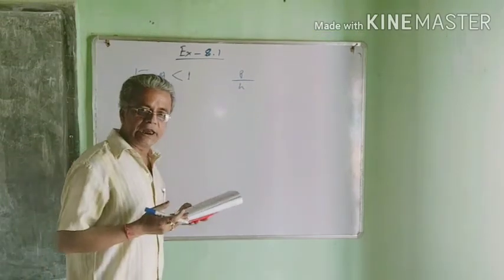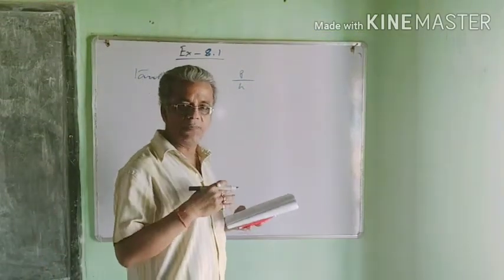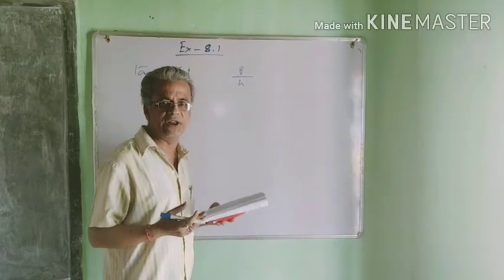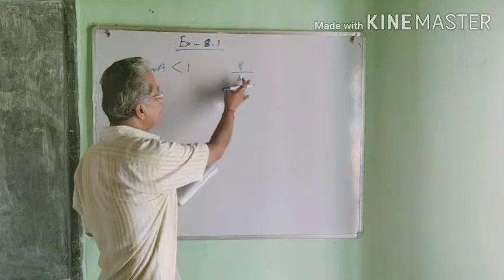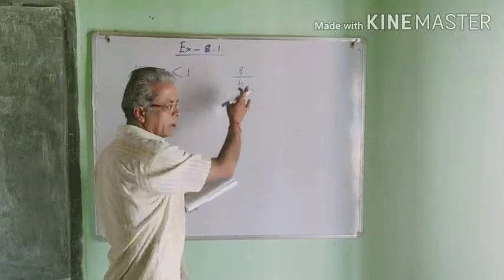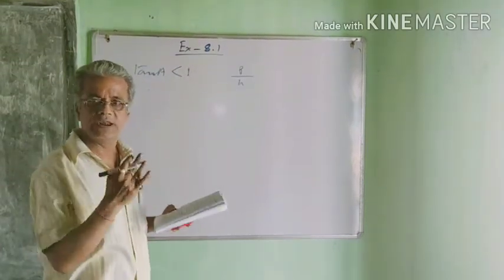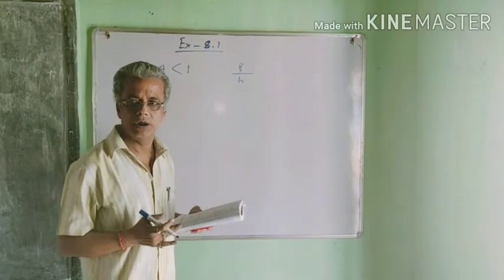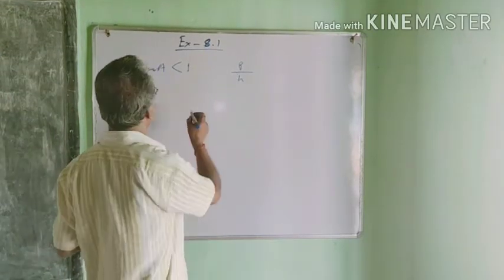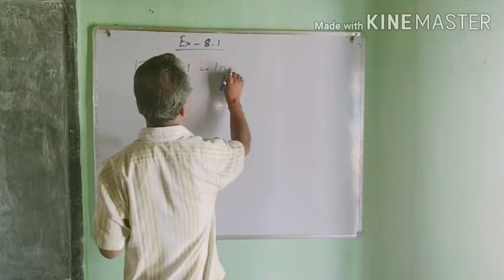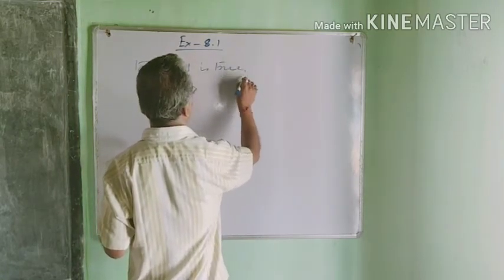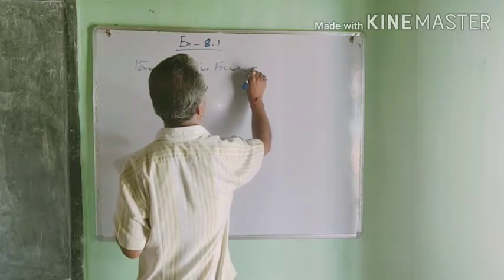In a right angle triangle, the hypotenuse is always greater than the other two sides. So if the denominator is greater than the numerator, it is always less than 1. So it is true.